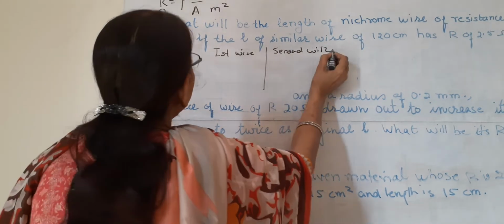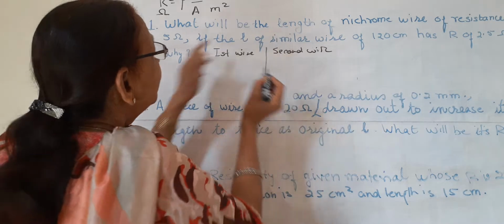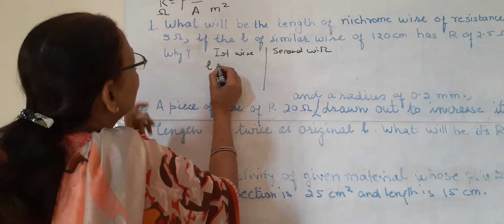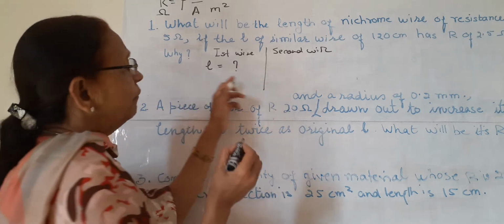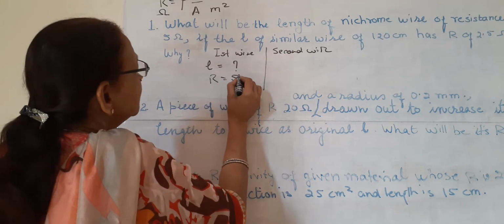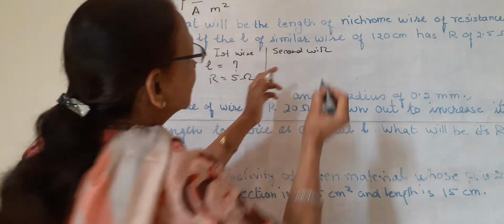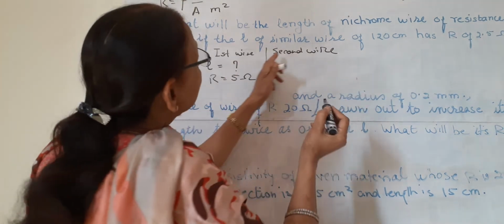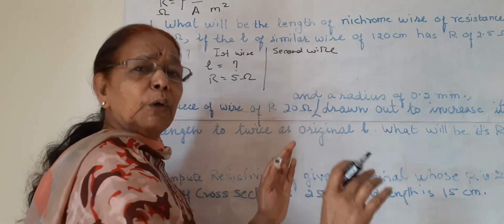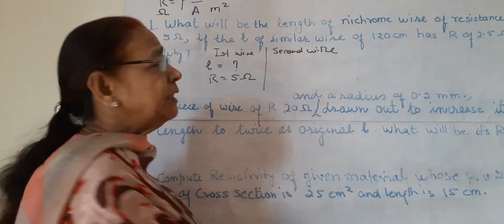What is given? Length of nichrome wire, it is asked. We have to calculate. R is given, R is 5 ohm. What is the second wire? A similar wire, similar means resistivity is same, both are of same material.